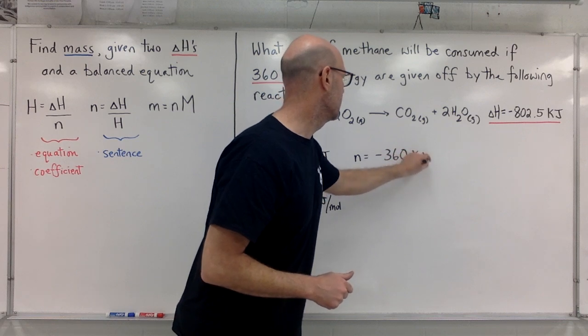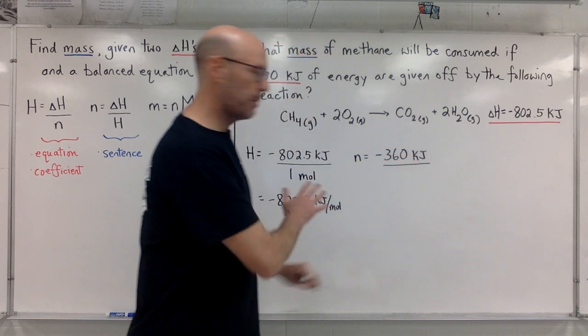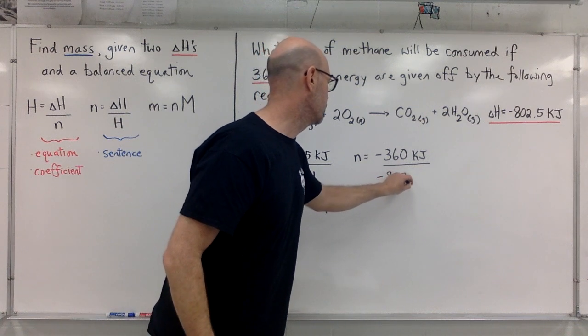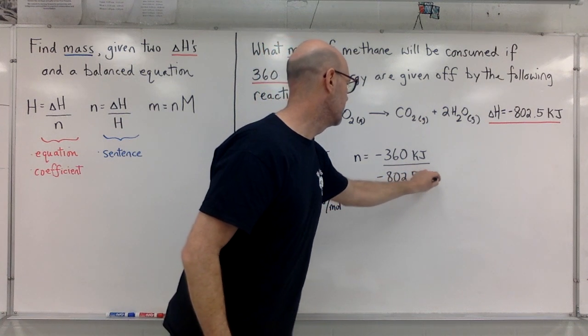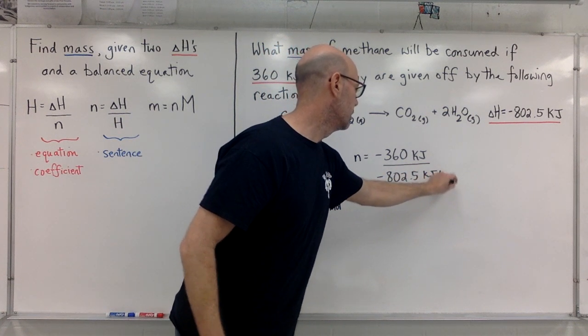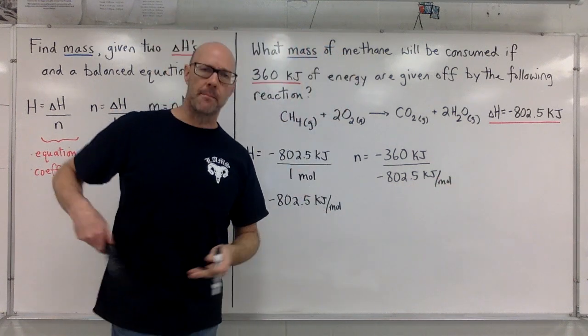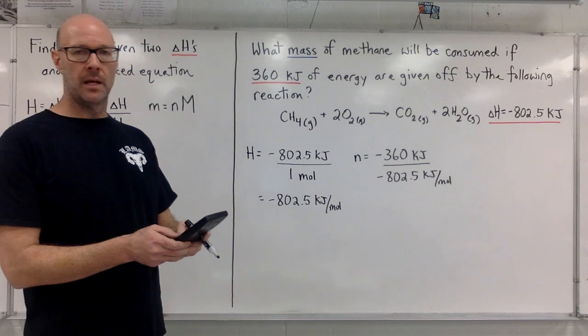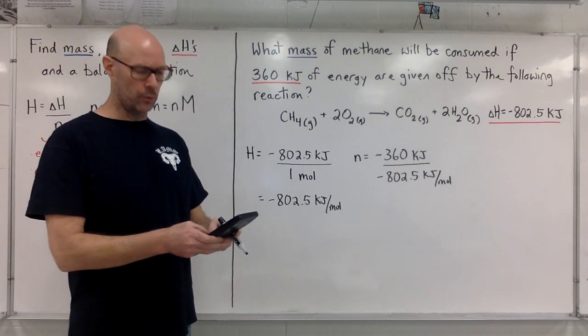360 kilojoules divided by my answer from before, negative 802.5 kilojoules per mole. I take my time. I'm going to calculate it. 360 divided by 802.5.